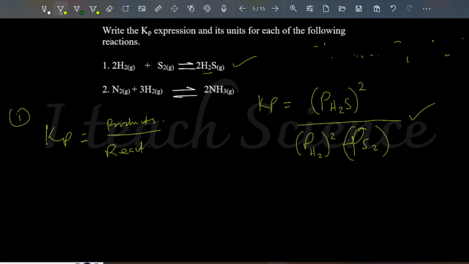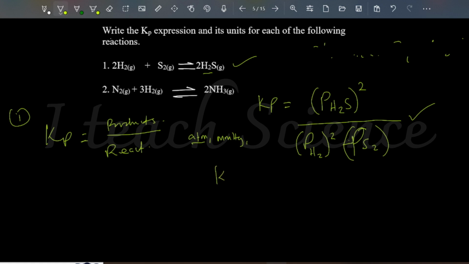The next thing is to find the unit. Now we all know that the unit of pressure may be atmosphere, millimeter mercury, and what have you. So the most prominent one we use in chemical equilibrium is atmosphere. So we'll assume that the unit for each of the species in the chemical equation is atmosphere.